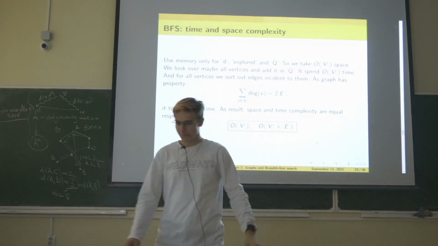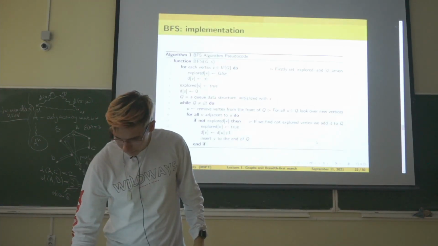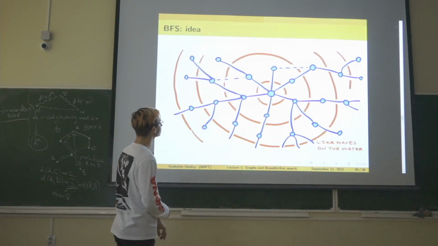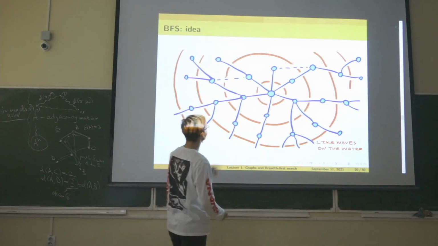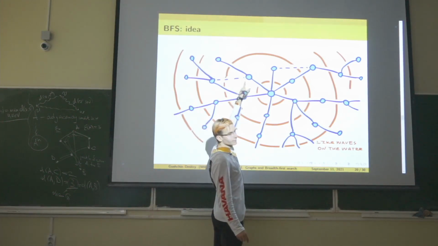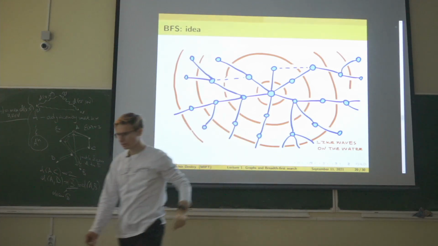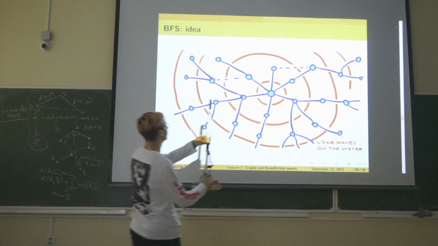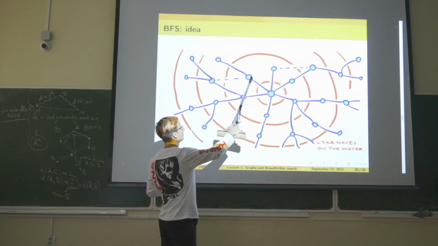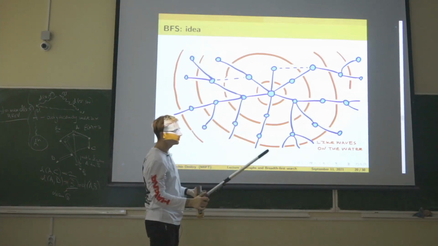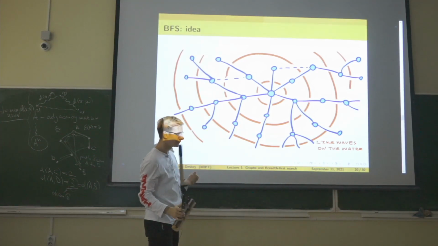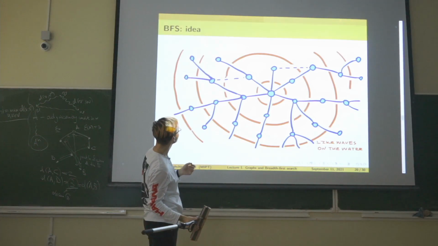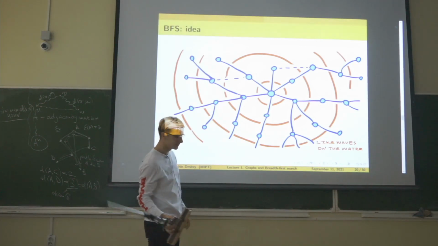Because, see in the example, when we remove this vertex, we don't know which vertices are not explored.